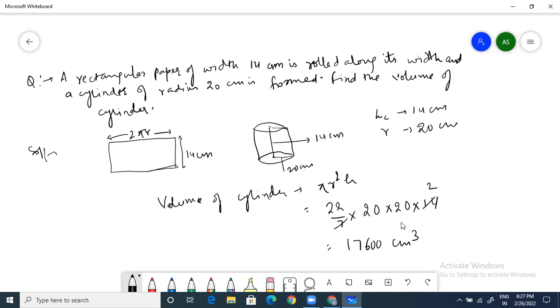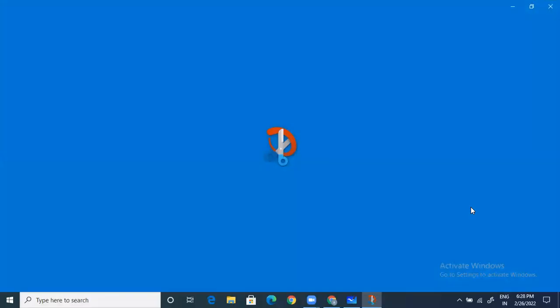So if you want, we can talk about one more such question and it would be more clear. Is it clear at least for this one? Why this height of the cylinder is 14 centimeters? Okay, so let's do one more question, the final question.